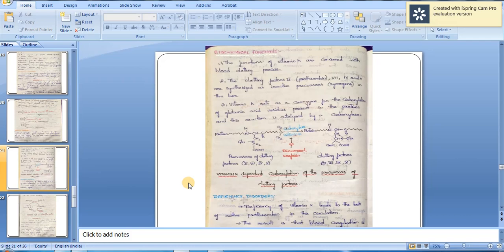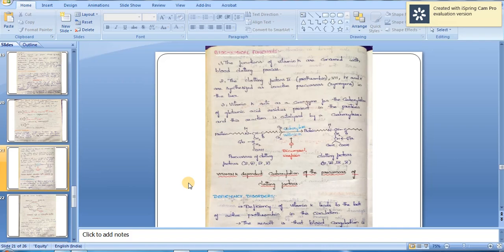Vitamin K acts as a coenzyme for the carboxylation of glutamic acid residues present in the proteins, and this reaction is catalyzed by a microsomal carboxylase. It involves the conversion of glutamate to gamma carboxyglutamate and requires vitamin K, oxygen and carbon dioxide.